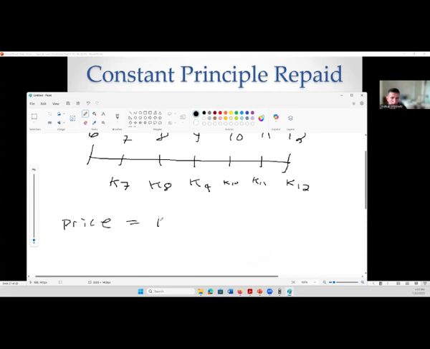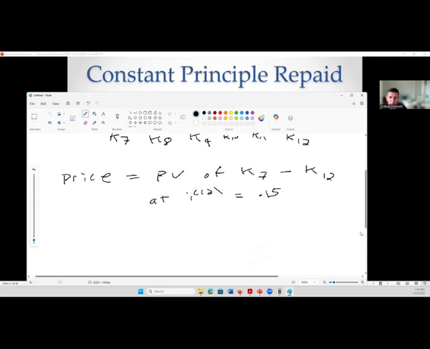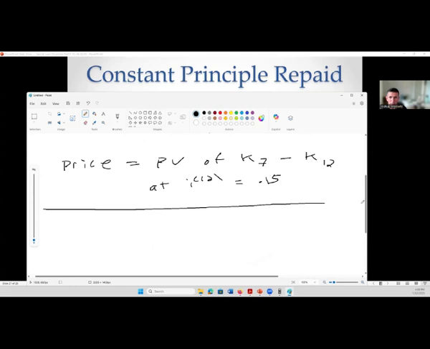So the price equals the PV of K7 through K12. And I-12 is 0.1. So let's figure out what this is.